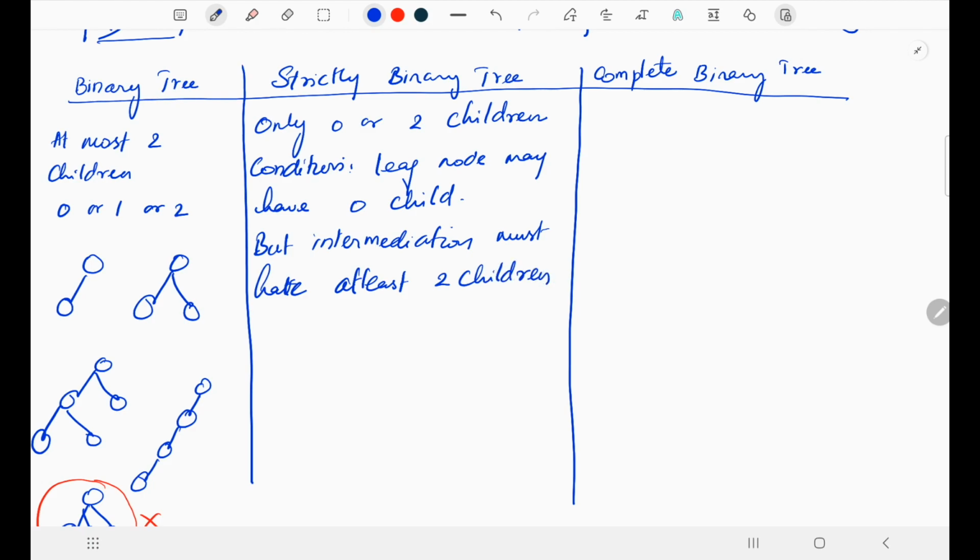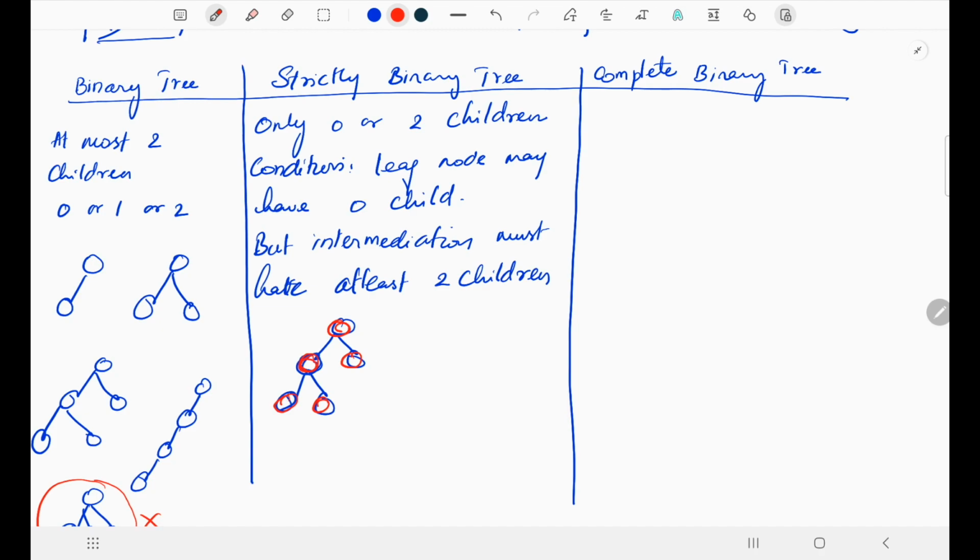For example, we have already seen this example. So this one has 2 children. This is the intermediate node. The intermediate node has 2 children, but the leaf node does not have any child.